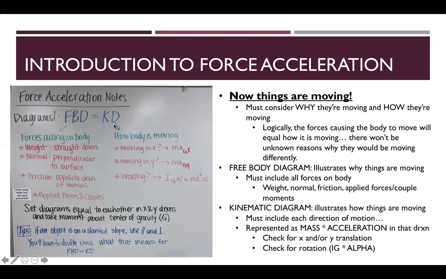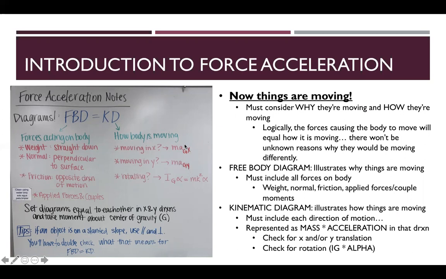So when you're building your kinematic diagram, you ask yourself, how is the body allowed to move? If the body is allowed to move in the horizontal direction, you have mass times acceleration in that direction. If the body moves up and down, you have mass times acceleration in the y direction.